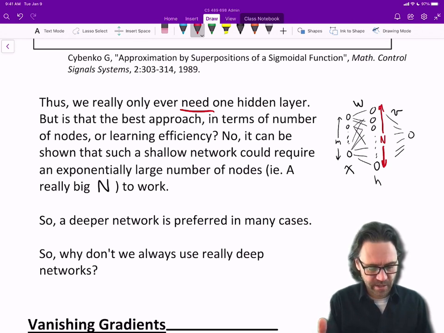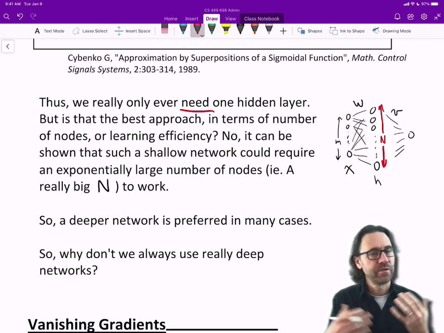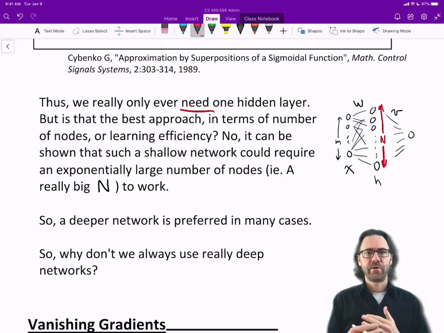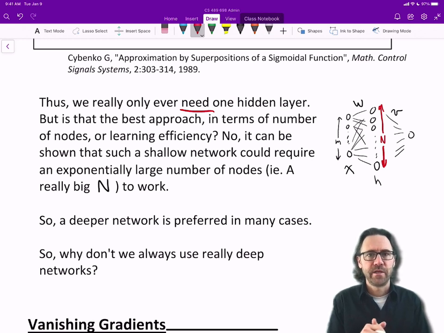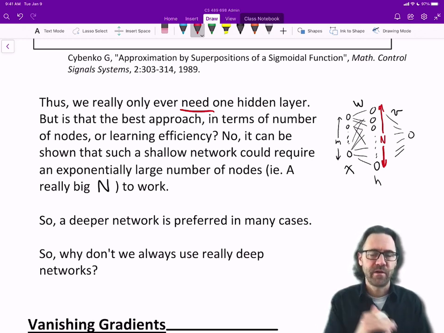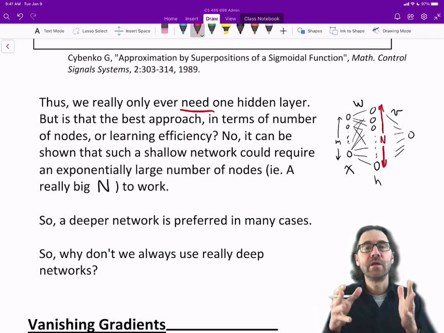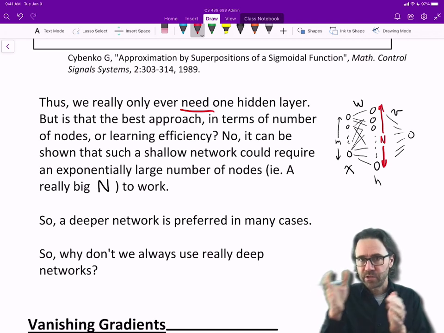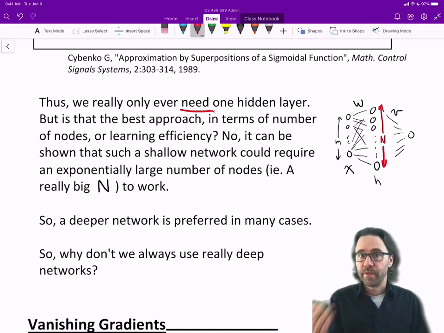In fact, in the exercises, I run an example that shows you that for a very simple learning example, you get a more accurate solution if you have more hidden layers than a single hidden layer. Same number of hidden neurons, but split into multiple layers, and it learns more quickly. So it's actually good to have multiple hidden layers.